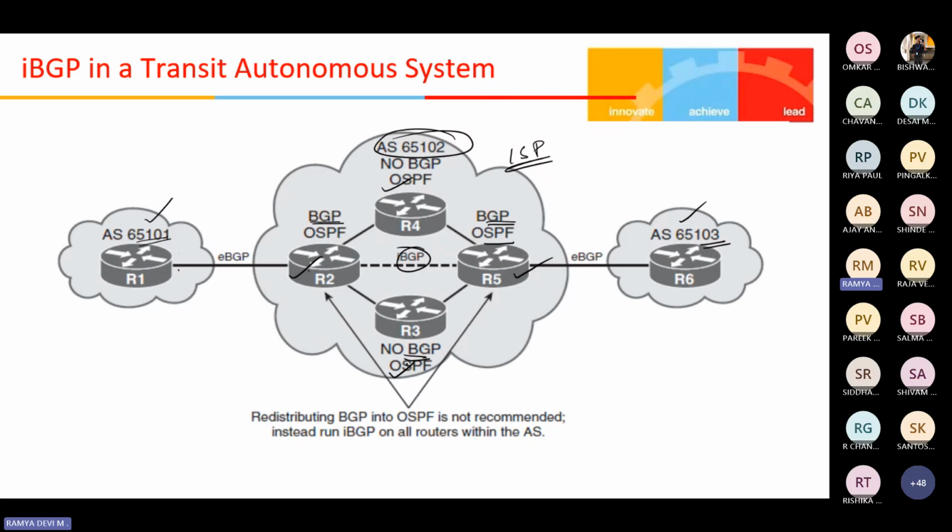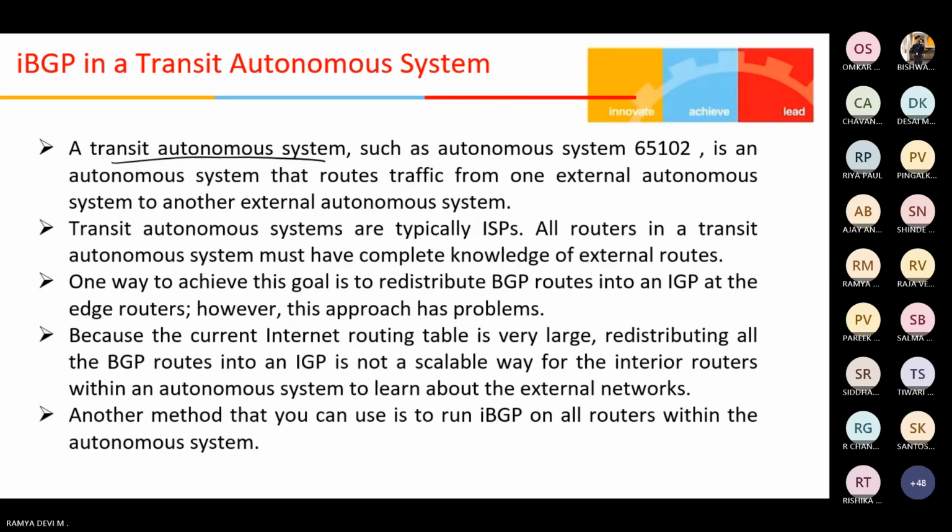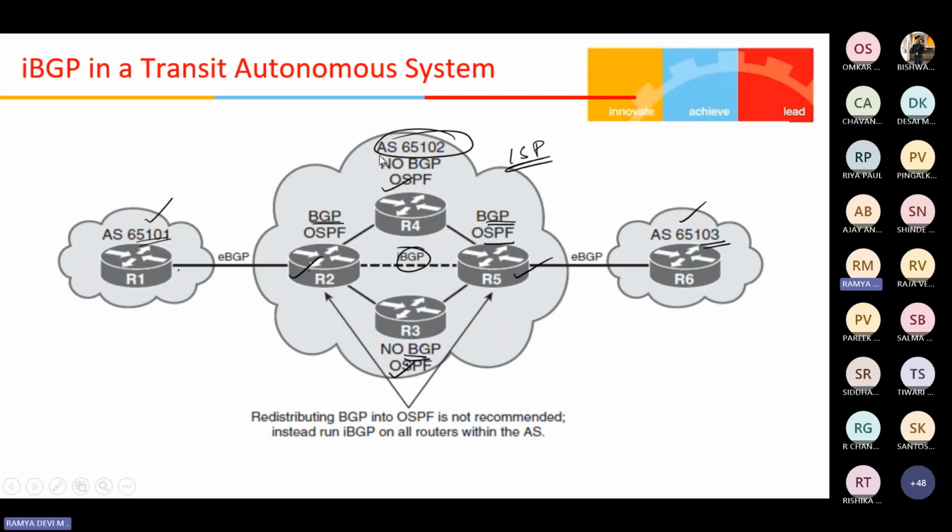Okay, so that's the reason we'll be running iBGP on all the routers in the autonomous system. So we can scale much better. Fine. So the IGP is not scalable. In this case, R3 and R4 are not running BGP, right? They are running OSPF, so scalability issues will happen.